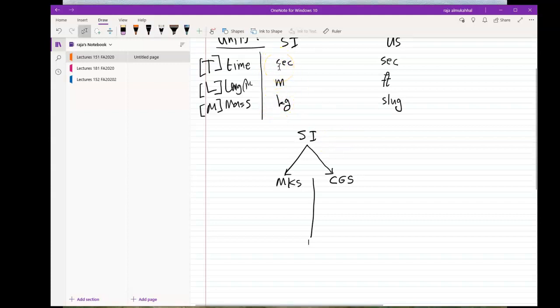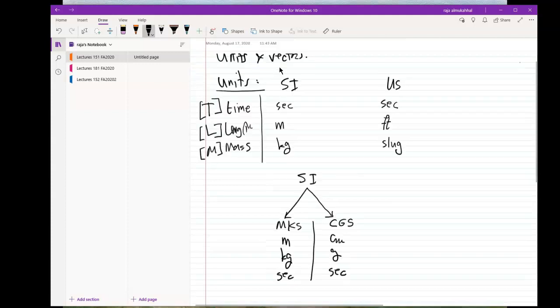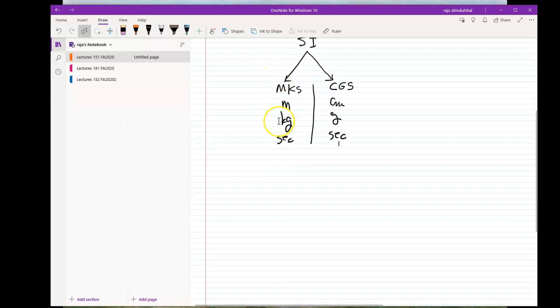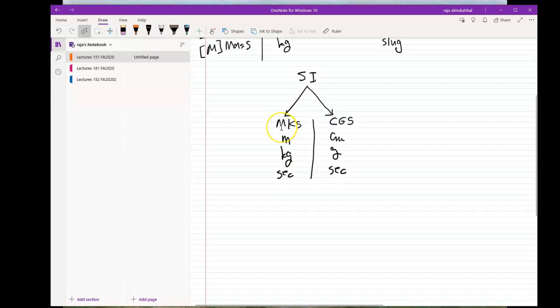MKS means meters, kilograms, second. And the other, CGS, means centimeter, gram, second. You can choose to use meters, kilogram, and second for whatever problem you're working on or whatever experiment you're doing. Or you can use centimeter, gram, second.